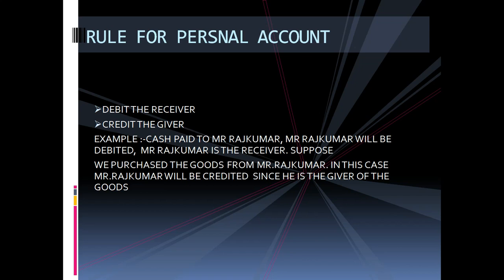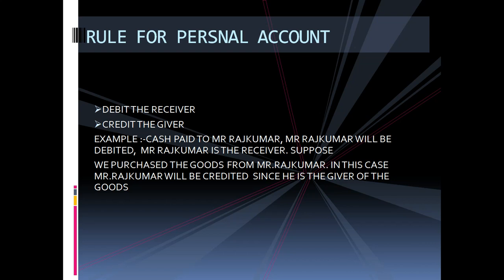Rule for personal account. Personal account means there are two steps here. Debit the receiver and credit the giver. I will give you one example for that. Debit the receiver means, suppose I have purchased some goods from your company.